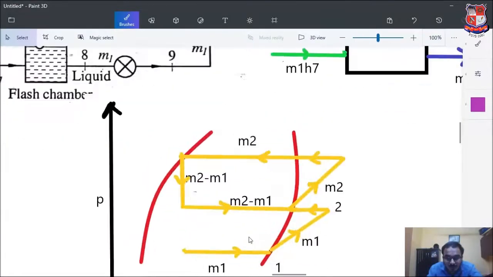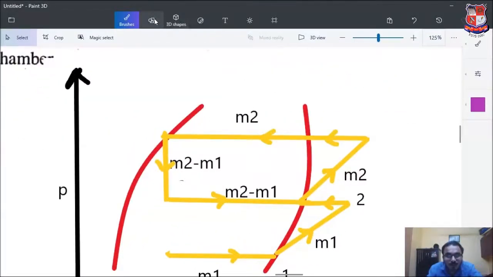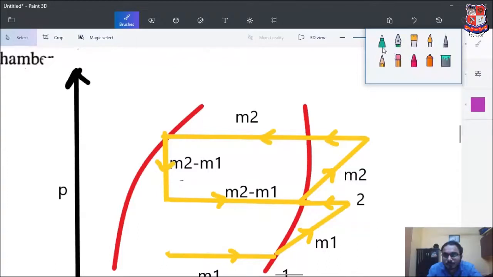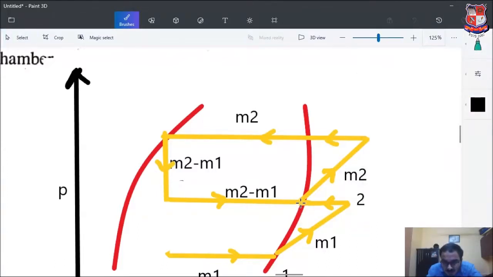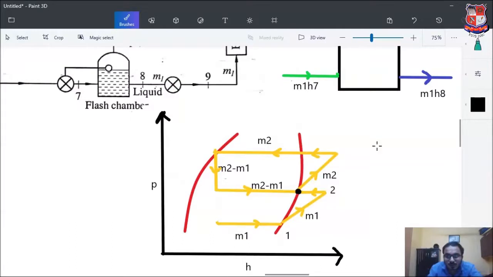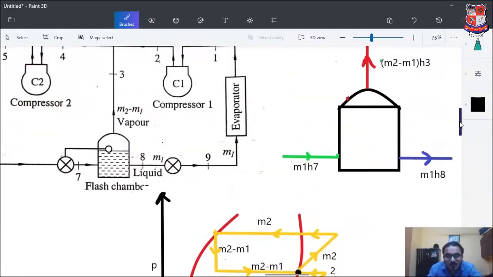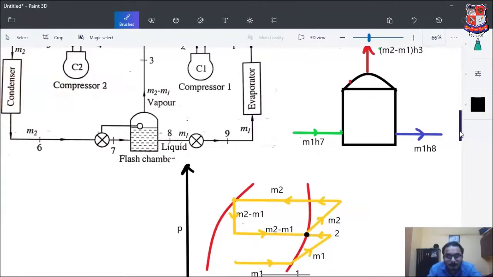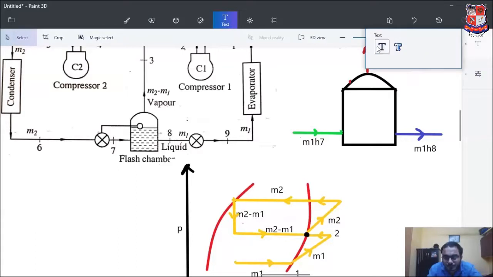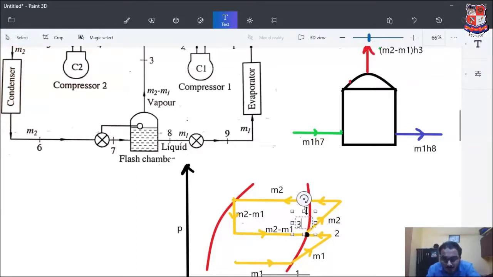So if you focus here, this point is going to be the point where we can observe point number 3. So this will be our point number 3, that is this.